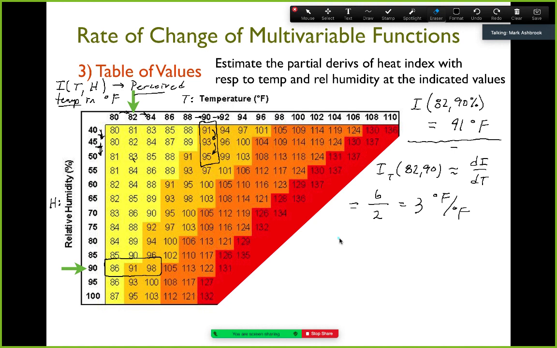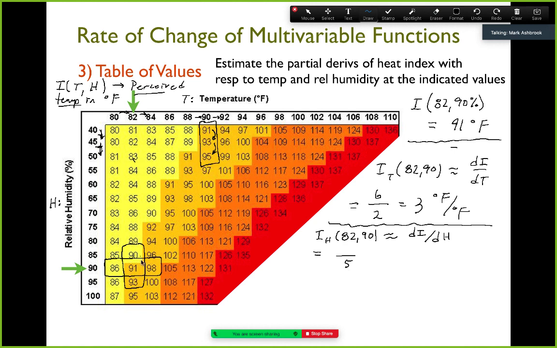Did some of you get that? Yeah. Okay, and then do the index with respect to humidity at 82, 90, which is approximately equal to dI per dH. So now we're looking at fixing temperature, and our dH is, again, still 5.